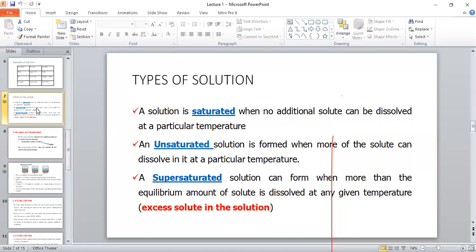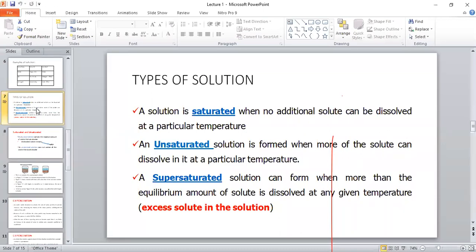Now, the unsaturated one is formed when more of the solute can still dissolve at a particular temperature. Note, particular temperature, because at different temperatures, solubility differs. So when we're looking at a particular temperature, you assess the saturation, unsaturation, and supersaturation at that same temperature.